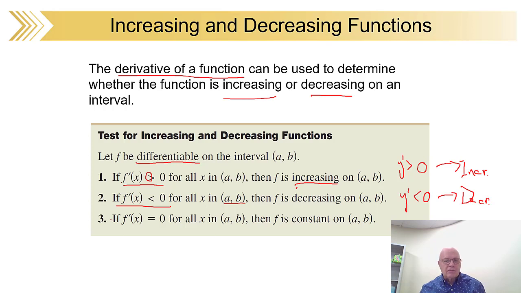And last of all, and the simplest of all actually, if your derivative is 0, that means the y values are not changing. So if y prime is 0, then our actual function is constant.